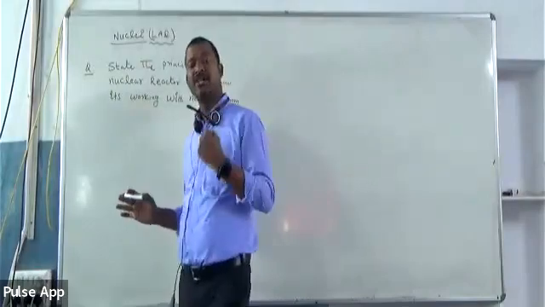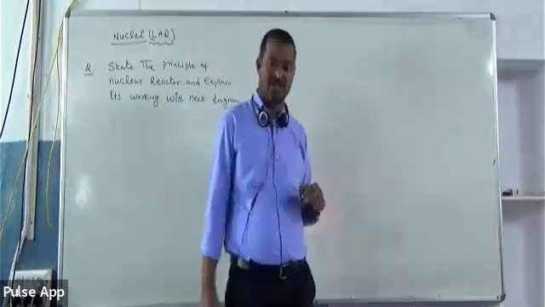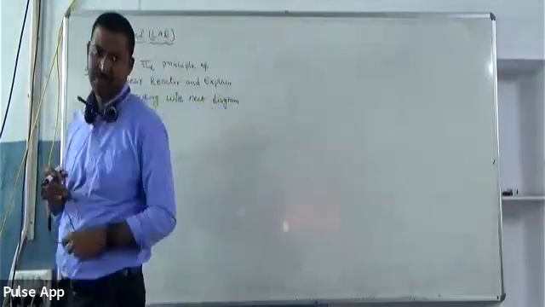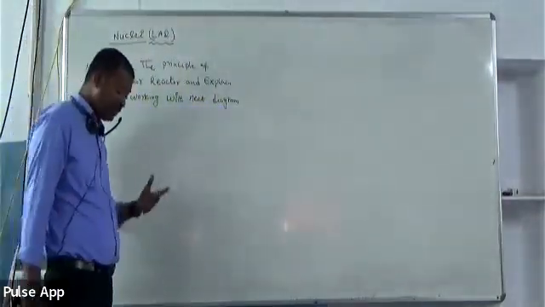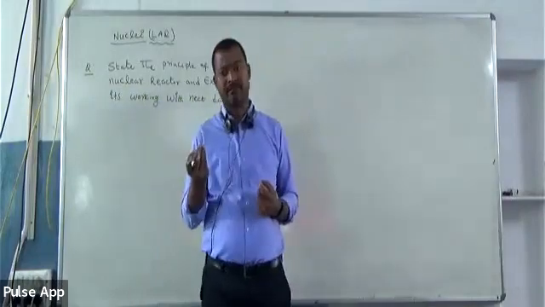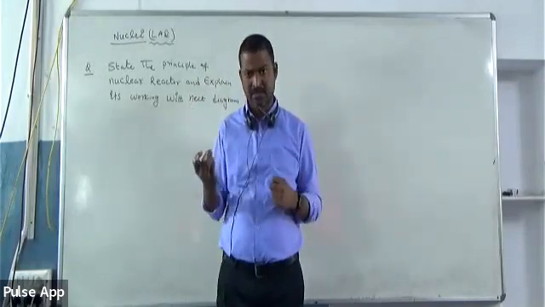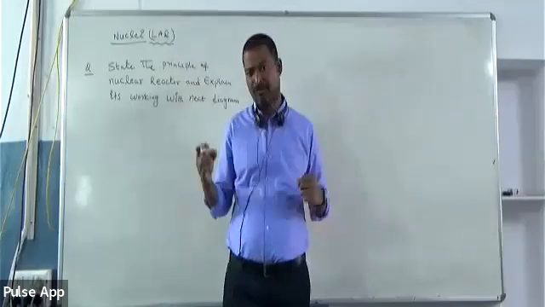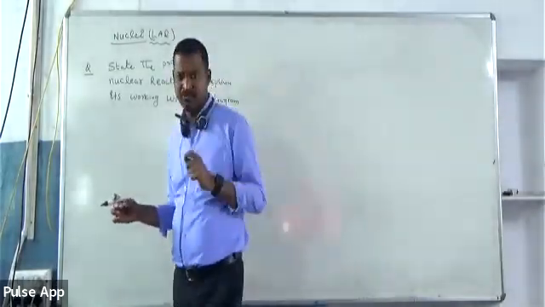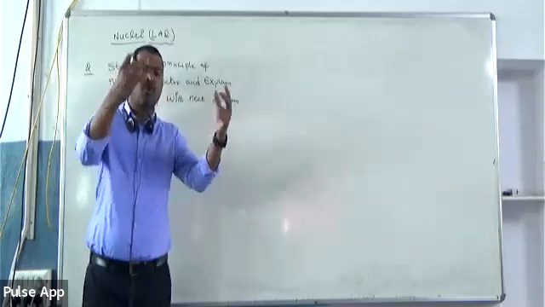But how is nuclear energy produced? Nuclear energy is produced by a nuclear reaction, that is, the nuclear fission reaction. What is meant by nuclear fission reaction? A heavy nucleus bombarded with a neutron splits up into two or more lighter nuclei.